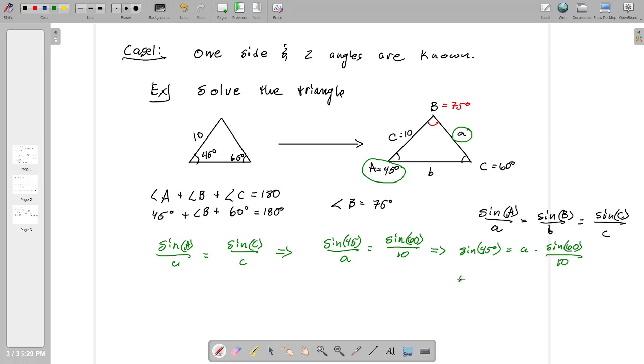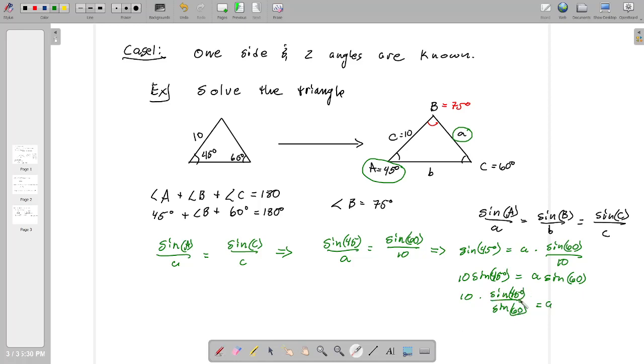Multiply both sides by 10, and 10 sine of 45 equals A sine of 60. And then divide by sine of 60. So we have 10 times sine of 45 divided by sine of 60 is equal to A.